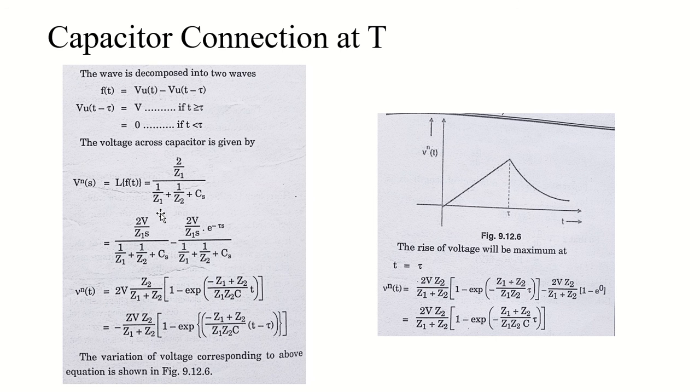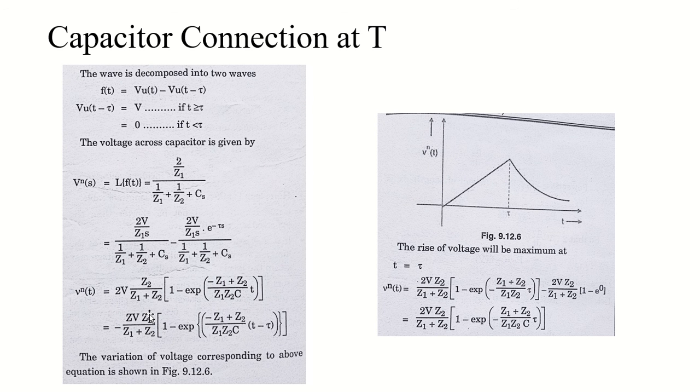And when you take LCM and include the exponential components, because taking Laplace will include exponential components basically, you will get a final value which looks something like this: 2v z2 divided by z1 plus z2, 1 minus exponential minus z1 plus z2 divided by z1 z2 C into t.